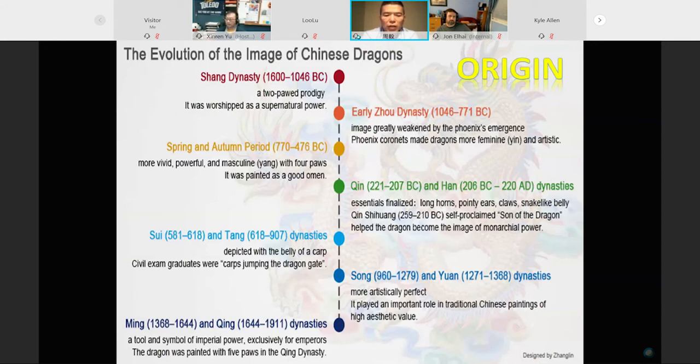Subsequently, an image of a dragon eventually evolved from the combining of tribal totems into the mystical creature we see today. So the image of the dragon itself is a compilation of many creatures. So just now we said nine resemblances.